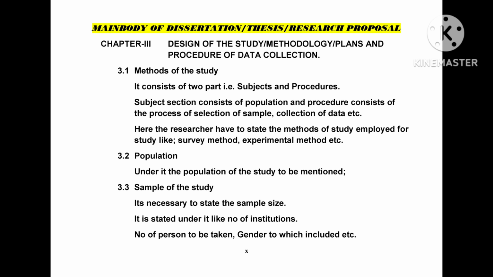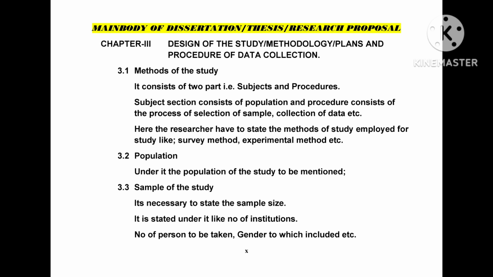Likewise in procedure, what process will be adopted by the researcher, like he will collect the data personally or through postal way or any other methods he has to state, as well as the method of study like experimental method, survey method or correlational method. The exact method of study for that particular research has to be mentioned.